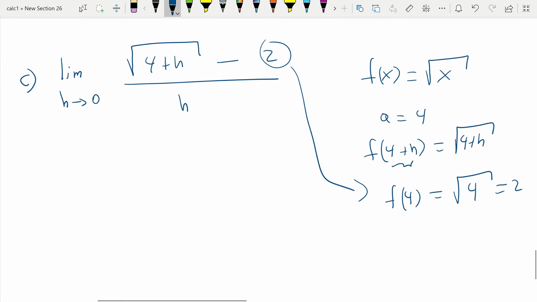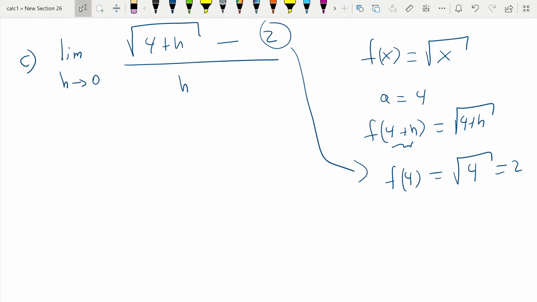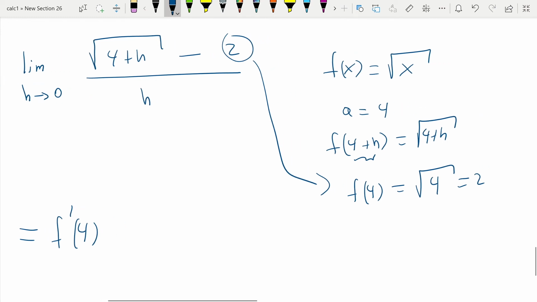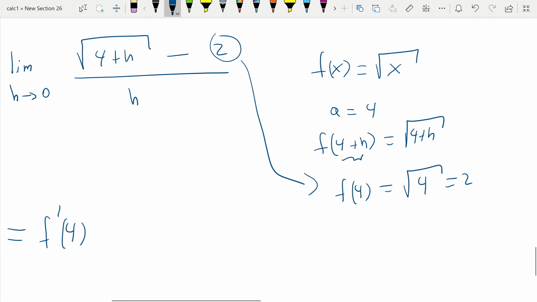And so now we have something in the second form for the derivative of a function. So this is going to be equal to f prime at 4, for the function square root of x.